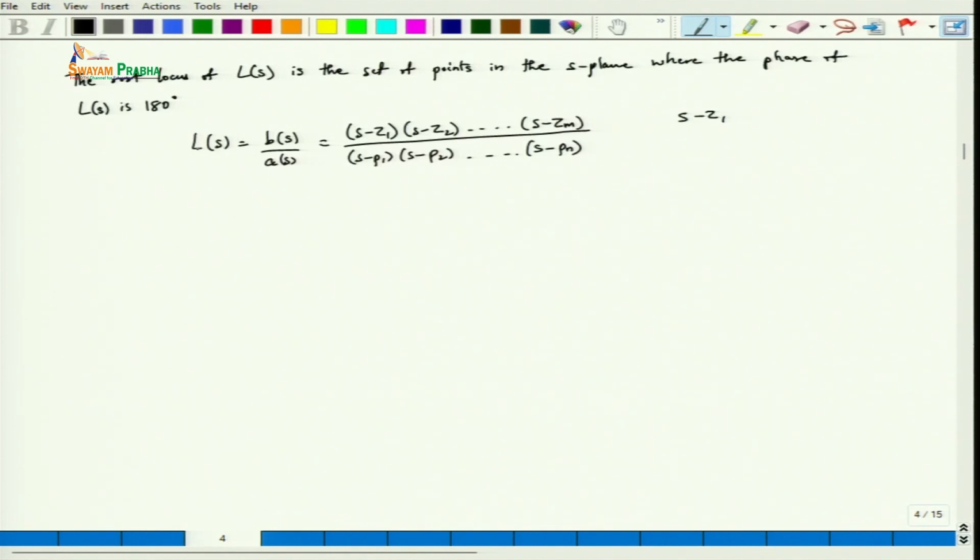So if we want to find the phase of L of S, we take the phase of S minus Z1 plus phase of S minus Z2. We add this all up to S minus Zm, and then for the remainder, when we come to the denominator, that is the poles, we do a subtraction.